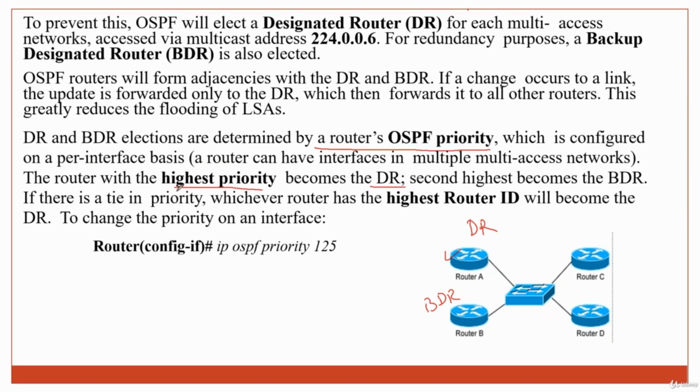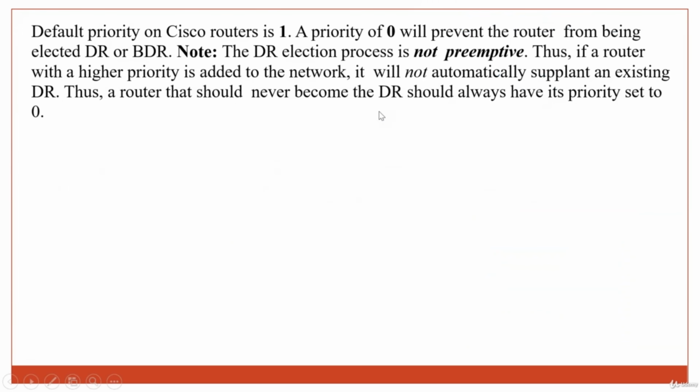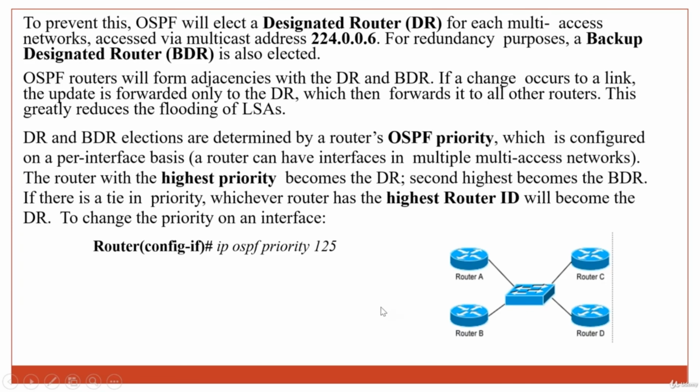Now, if there is a tie in the priority, whichever router has the highest router ID will become the DR. We can also set this priority by going to the interface and setting ip ospf priority, and then we can force a certain device to become a DR or BDR. By default the priority is 1, so obviously the selection will happen with respect to the router ID.